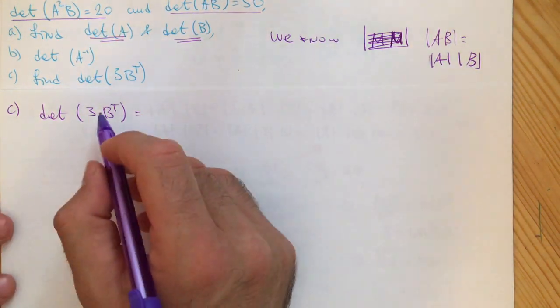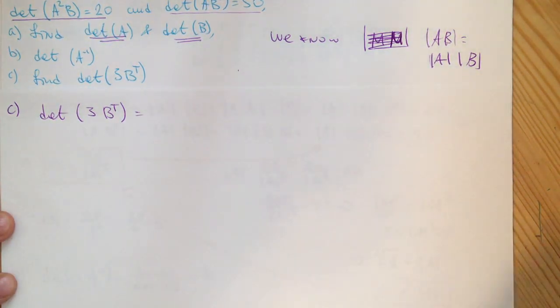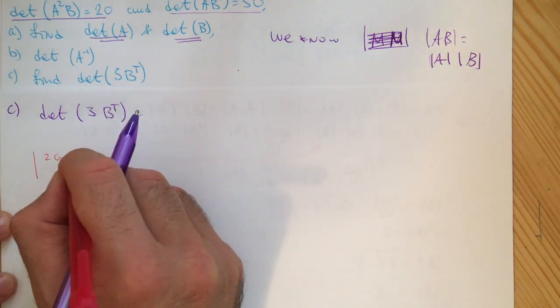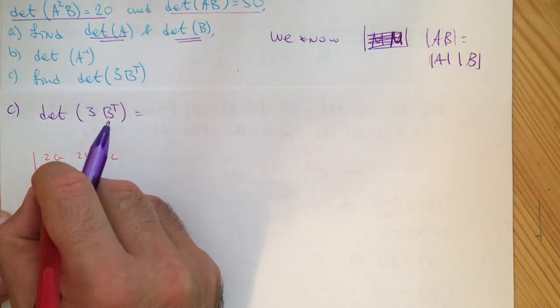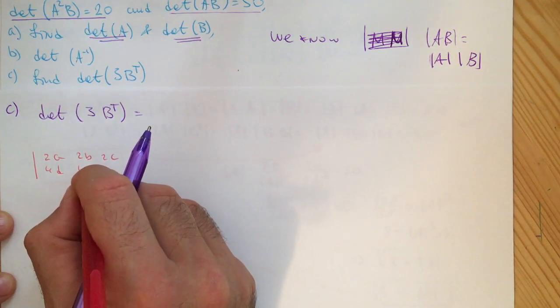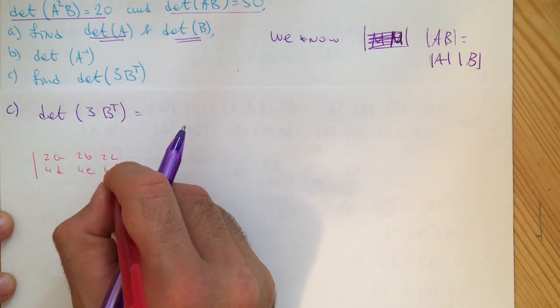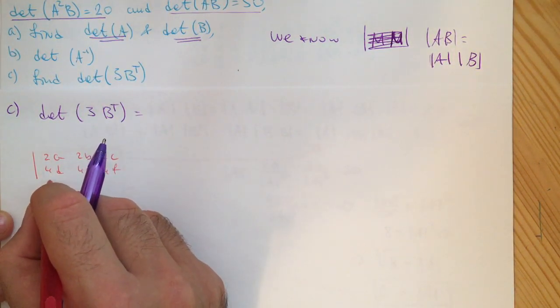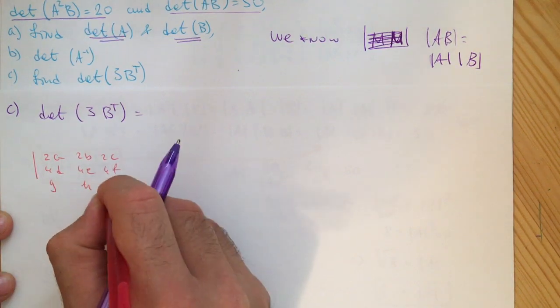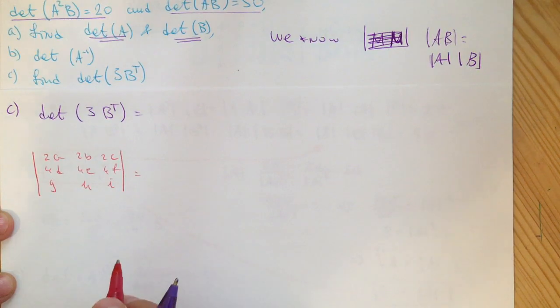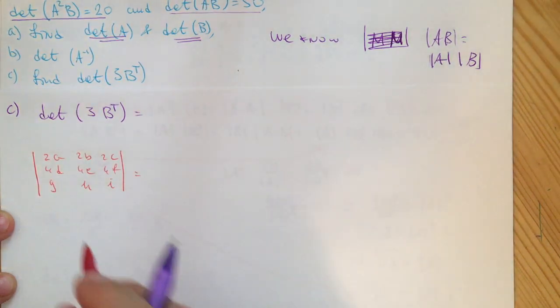So just as a side note, if I have, let's say, 2A, 2B, 2C, 4D, 4E, 4F, G, H, I, and I'm looking for the determinant, okay, I can factor a constant from each row.